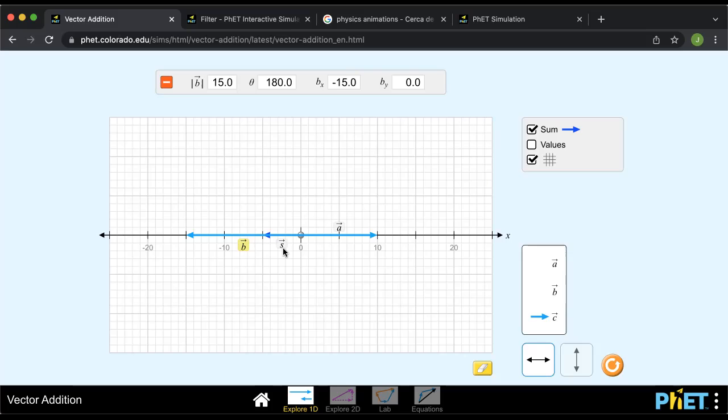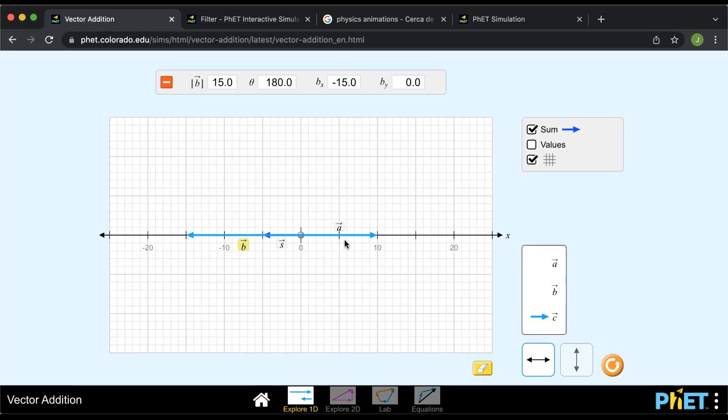Why? The reason is that the B magnitude is 15 units, 15 meters, 15 kilometers, 15 gigameters, whatever.